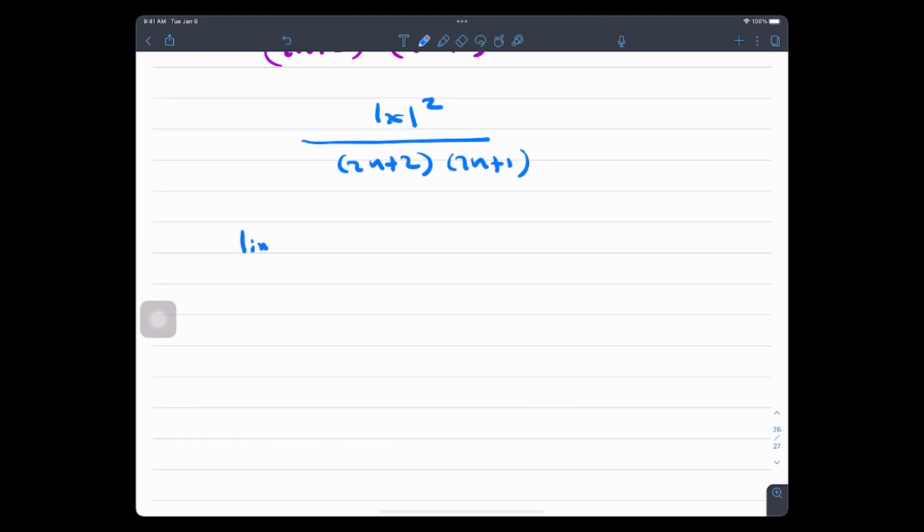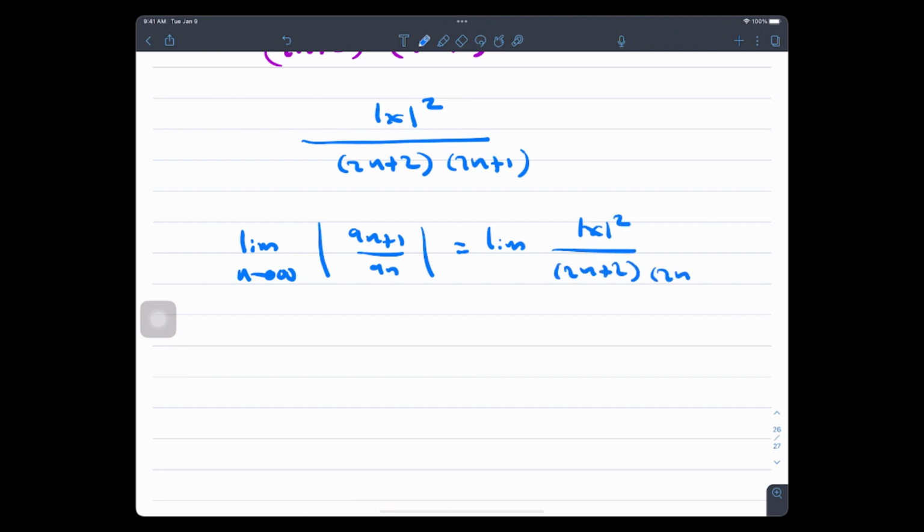You'd have to take the limit as n goes to infinity, a_n plus 1 over a_n, and you don't forget you have this absolute value of x to the second power over the 2n plus 2, 2n plus 1. This is as n goes to infinity.